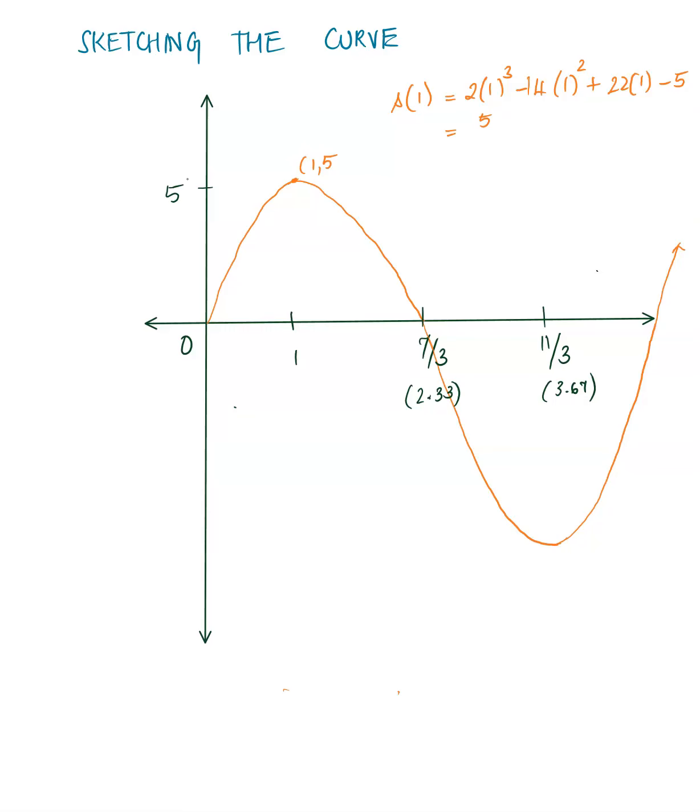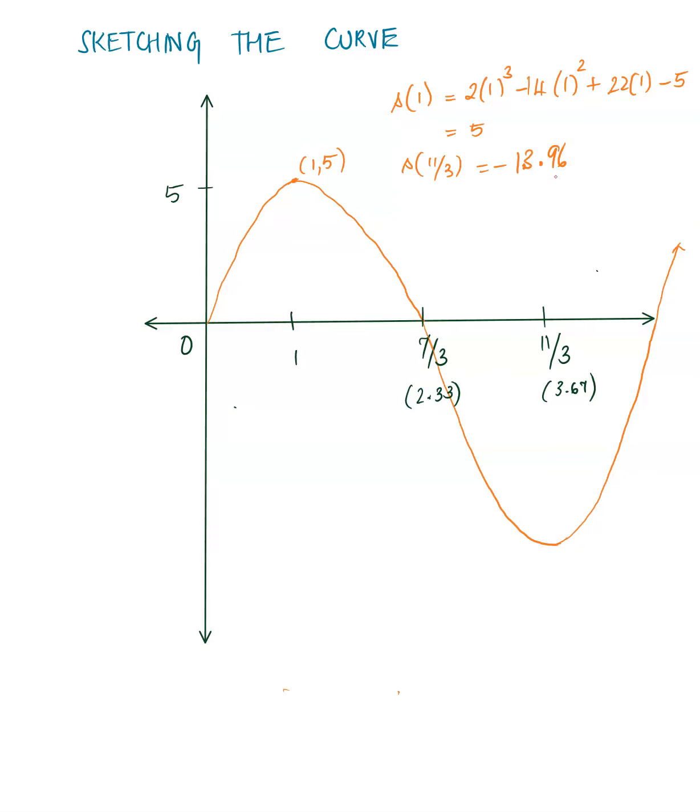You have to get your scale accordingly, of course, right? 1, 5. And then here again, 11 over 3, find what S of 11 over 3 is. And when you compute that, get negative 13.96.